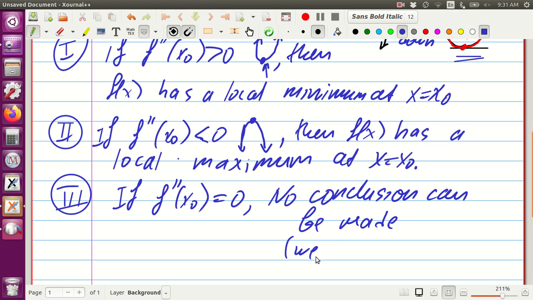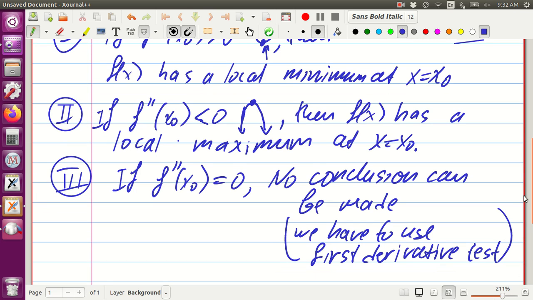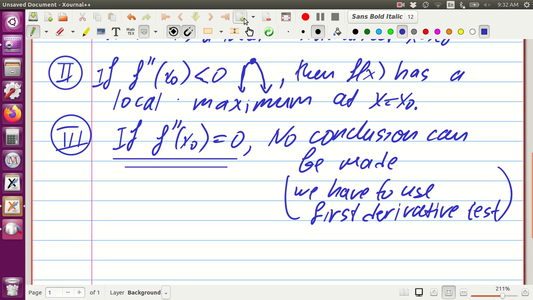So basically, we have to use the first derivative test. So why do you think we have then the second derivative test? Because this test is much faster than the first derivative test. You just calculate the second derivative, you plug in the critical point into it, and you get the answer right away. Unfortunately, sometimes it's inconclusive. All right, so let's look at some examples.